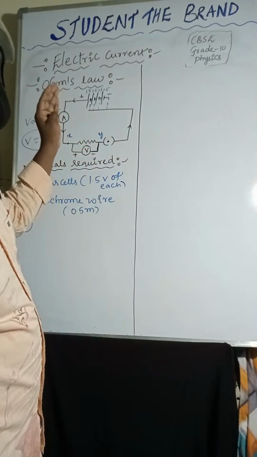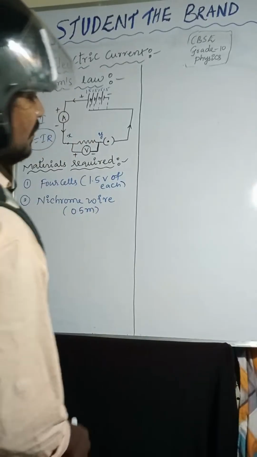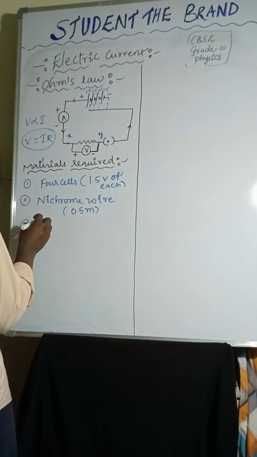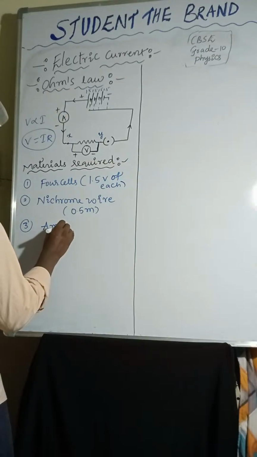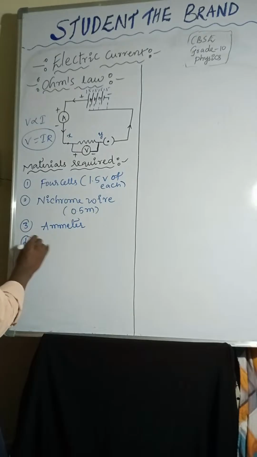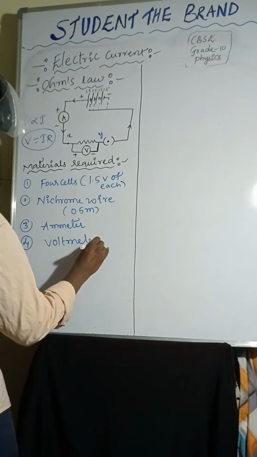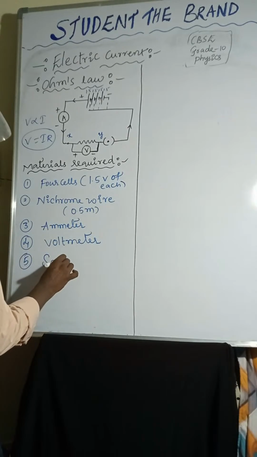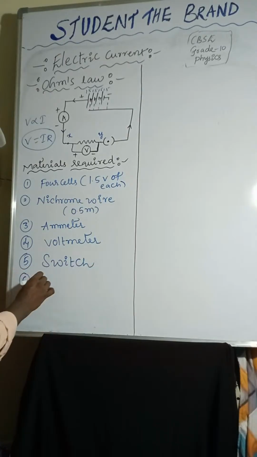Then the ammeter, the fourth one is the voltmeter, the fifth one is a switch, and the sixth one is connecting wires.